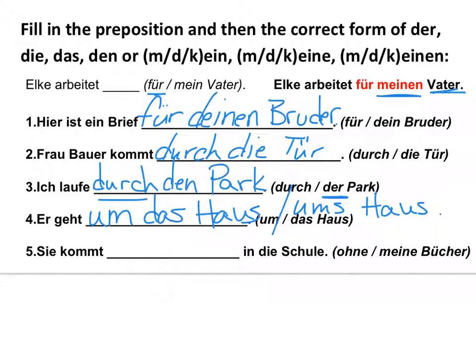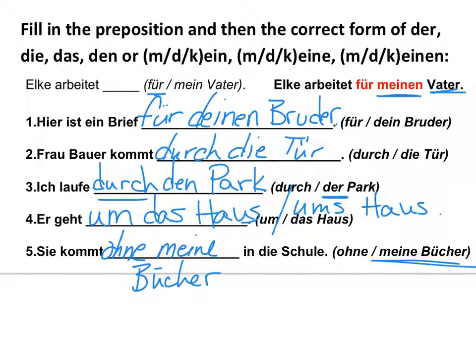Okay, so sie kommt, and then we've got ohne. What's going to come next? Is this masculine, feminine, neuter, or plural? Plural. It's plural and accusative, so what's your next word going to be? Meine. And Bücher stays the same. In die Schule. Okay.